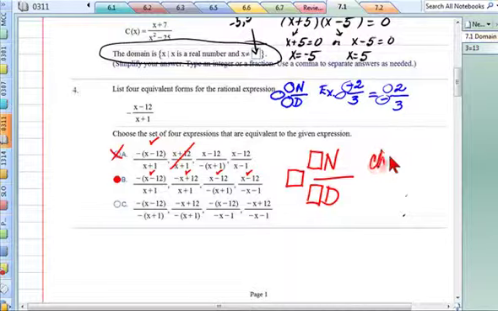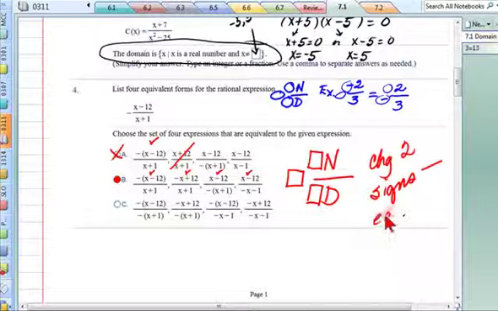And if you change 2 signs, it's equivalent. If you change 2 signs, it's equivalent. That will be somewhat helpful. There's one and only one question like that in MathLab.